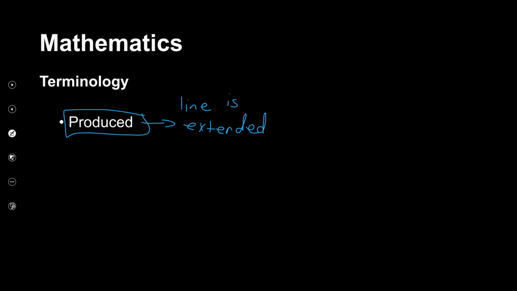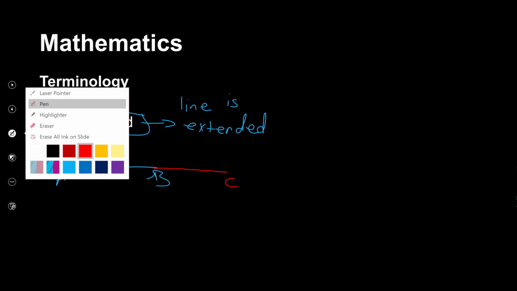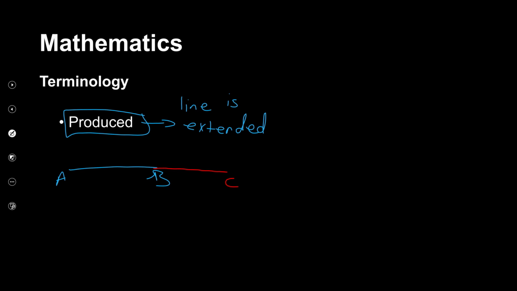We produce lines, right? So if I use the term AB is produced to C, it means that this was AB, and then I extended it to give me C. And why am I saying it is produced? It is because it is extended such that it is on the same plane and collinear.